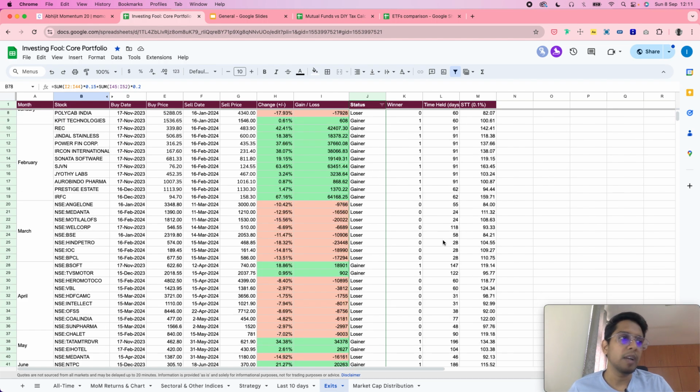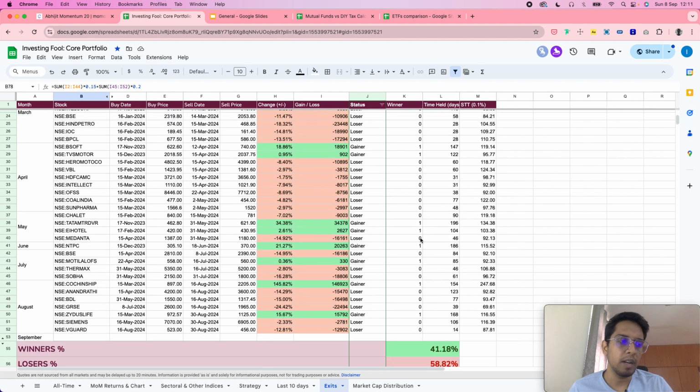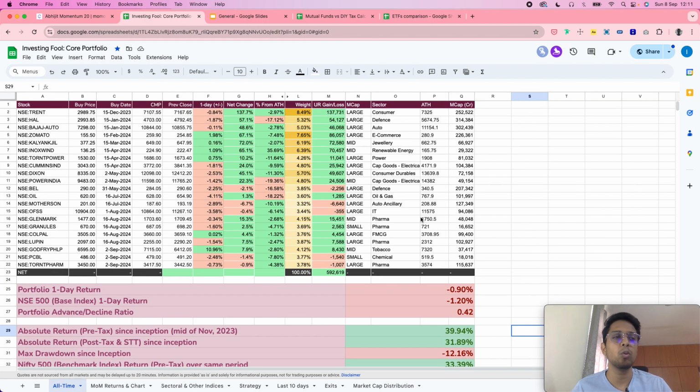So to calculate STCG, you simply take the total gain or loss of all exited stocks, and to know the actual impact, I would have to calculate what tax or STT I would have to pay when I'm liquidating this entire portfolio today. Like if I have to liquidate this entire thing today, how much would I have to pay in total?